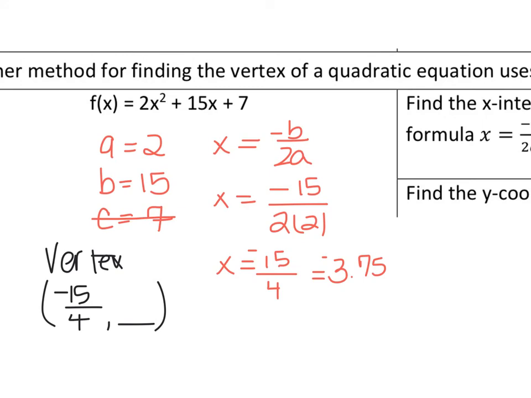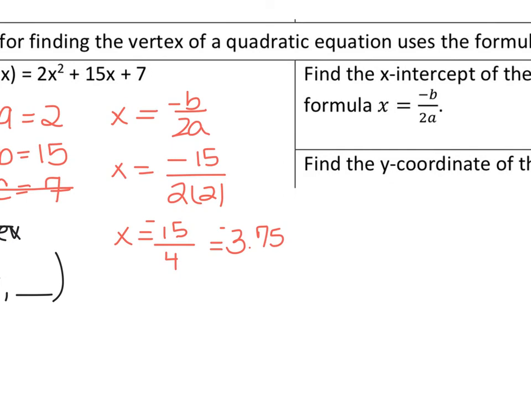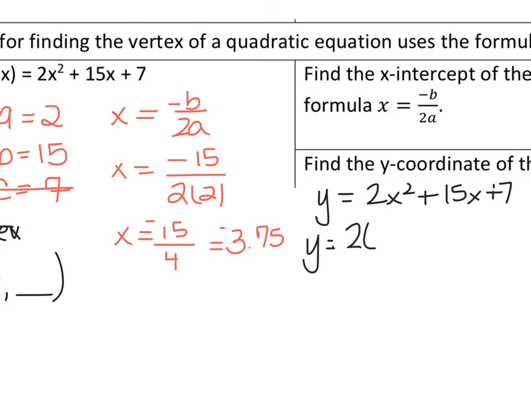Now we need to find the y value, and to do that, do what we did above. We're just going to sub it into the equation. So our equation is y equals, or f of x equals 2x squared plus 15x plus 7. I'm going to take out x, and plug in 2 times negative 15 over 4 squared plus 15 times negative 15 over 4 plus 7.